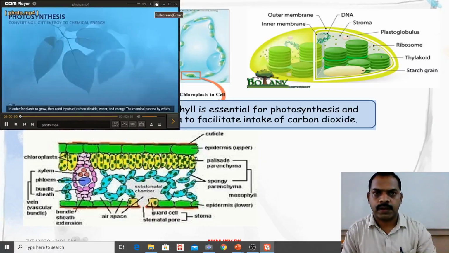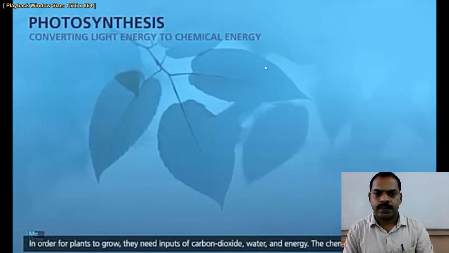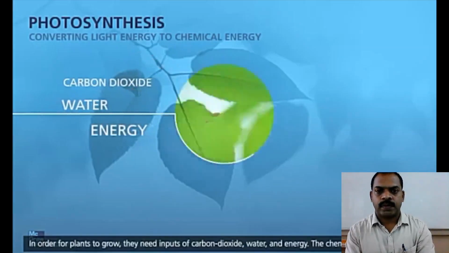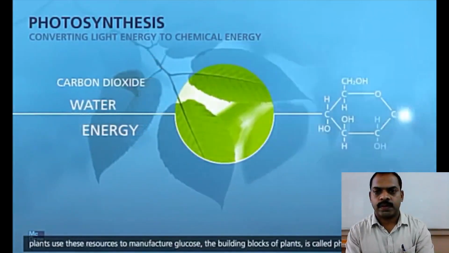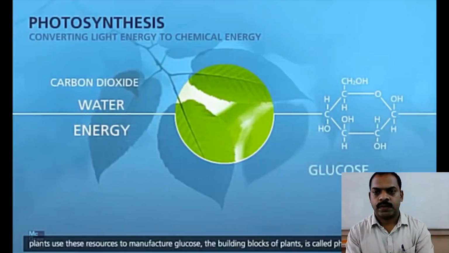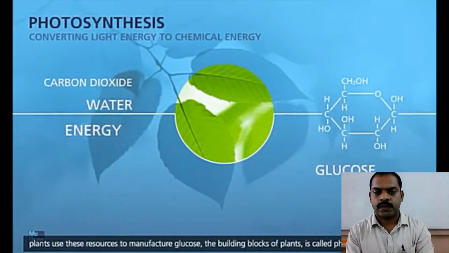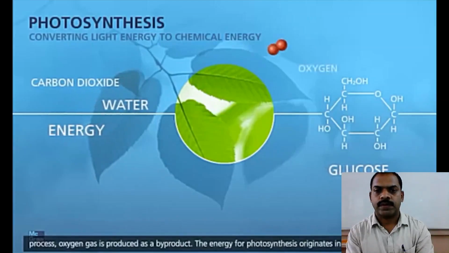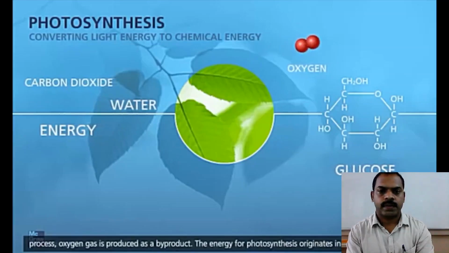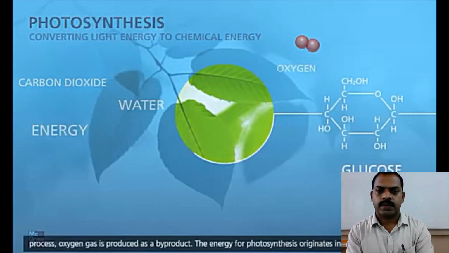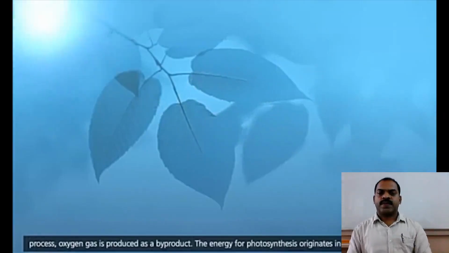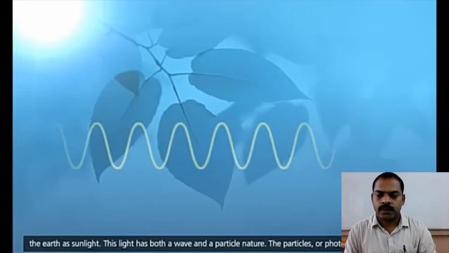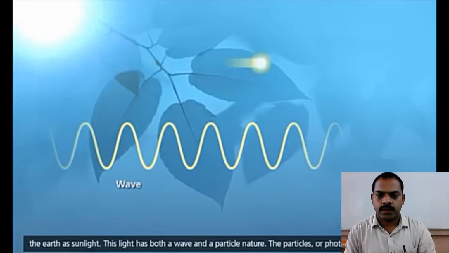Please. In order for plants to grow, they need inputs of carbon dioxide, water, and energy. The chemical process by which plants use these resources to manufacture glucose, the building blocks of plants, is called photosynthesis. In the process, oxygen gas is produced as a byproduct. The energy for photosynthesis originates in the sun and arrives at the earth as sunlight. This light has both a wave and a particle nature.